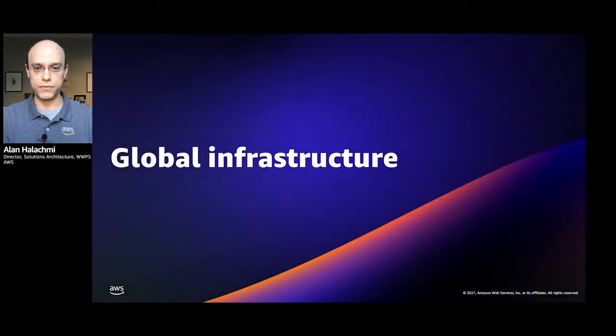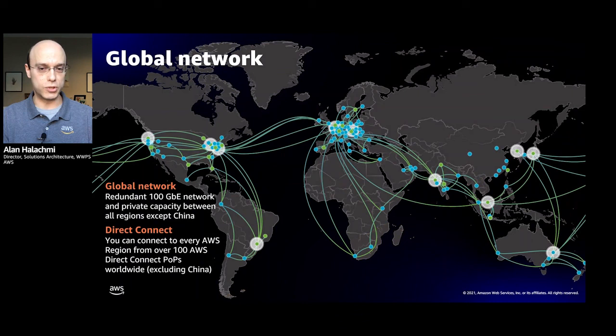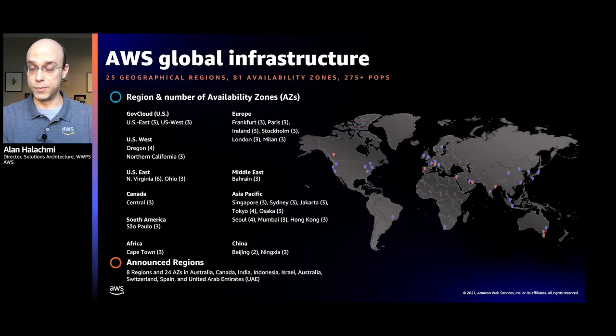Let's start then with a view of the AWS global infrastructure. The AWS global network is built with multiple redundant 100 gigabit Ethernet links and connects 6 continents. Because AWS operates the entire network, we are able to deliver a purpose-built, encrypted, highly available, low latency infrastructure for our customers. This infrastructure connects AWS regions. A region is a geographic area where we cluster data centers.